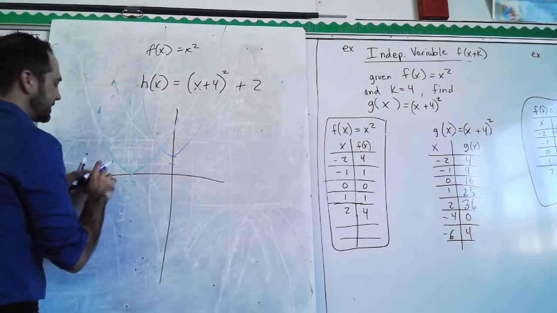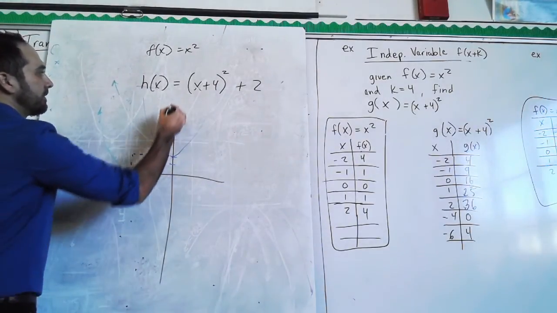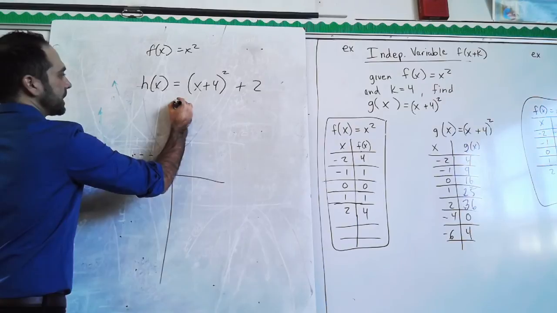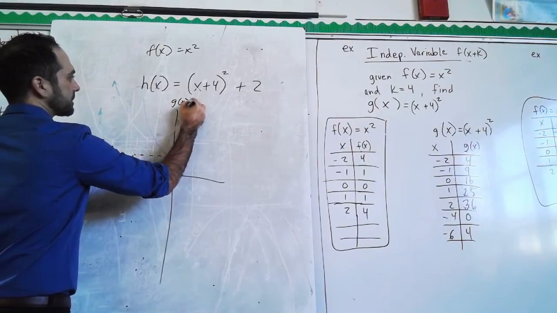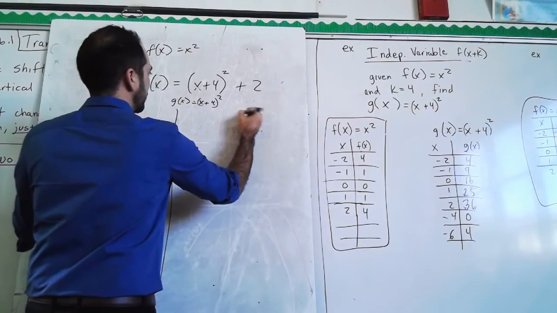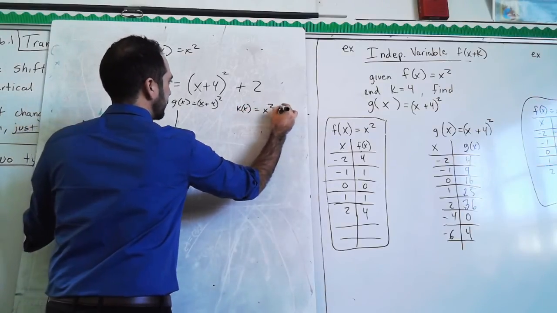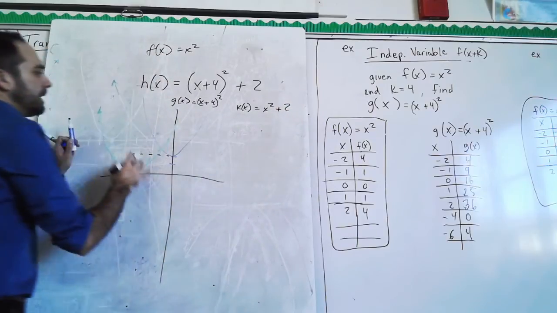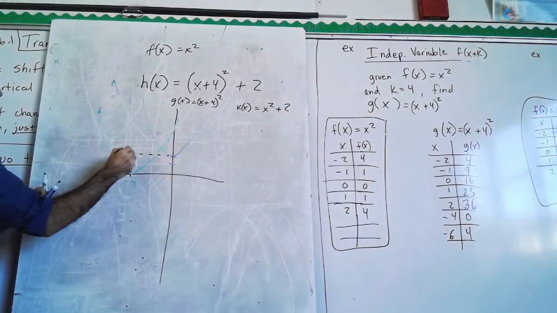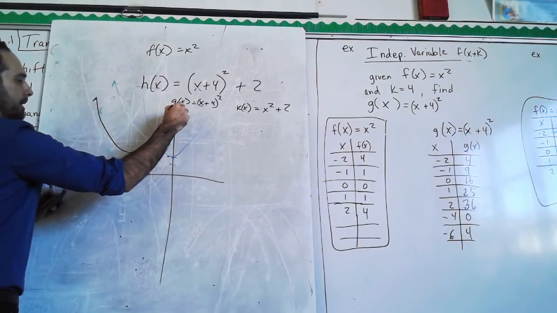So when I combine these two functions, really what I've done is I've taken g of x, which is x plus 4. I've taken, let's call it k of x, which is x squared plus 2. I've graphed both of them, and if you were to combine them, then we'd end up with the parabola up here. It's kind of the combination of the two.